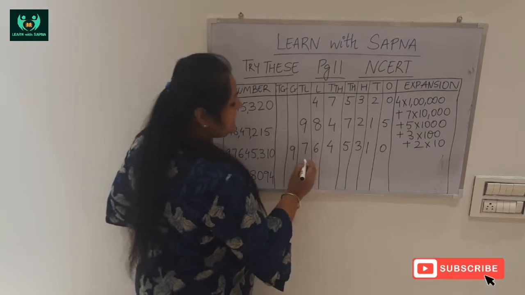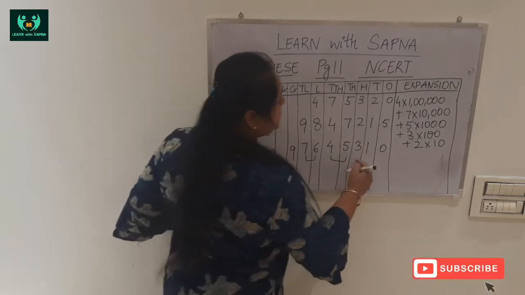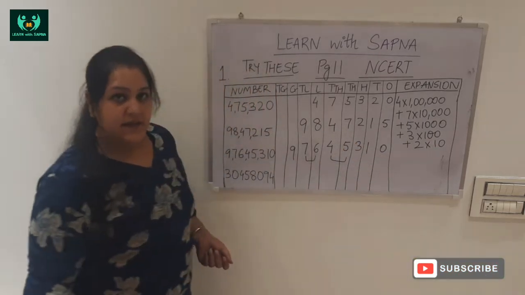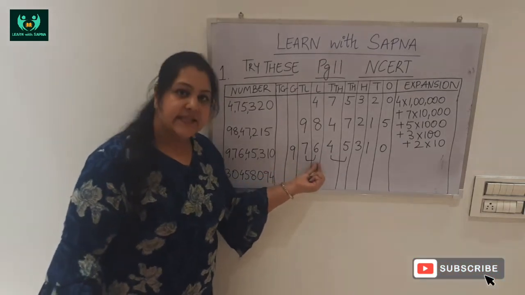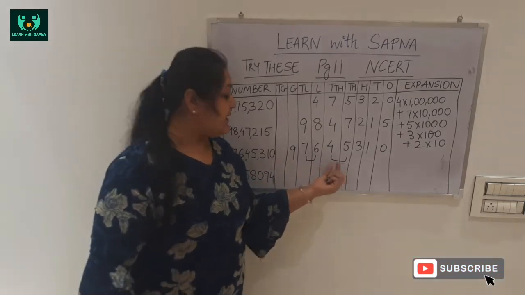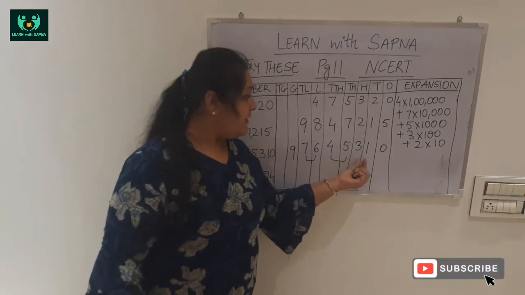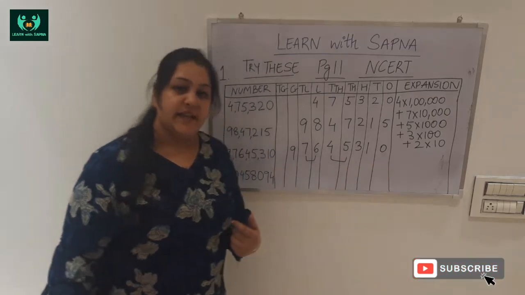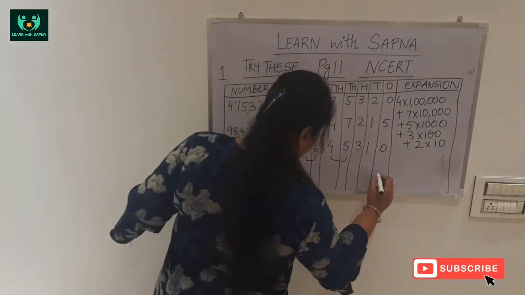So 76 lakh, 45,310. So how do we read this? 9 crore 76 lakh 45,310. Clear?